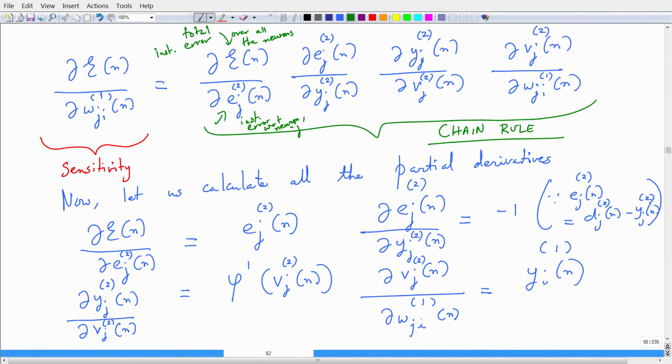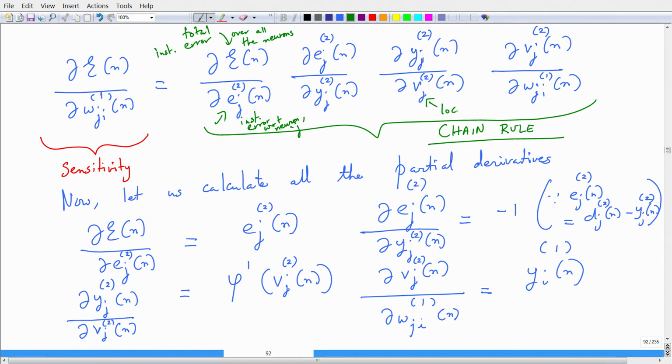So, throughout it is the same neuron j here except the last term. Then we take the partial derivative of this function signal in the output layer at node j with respect to the local reception field v_j.